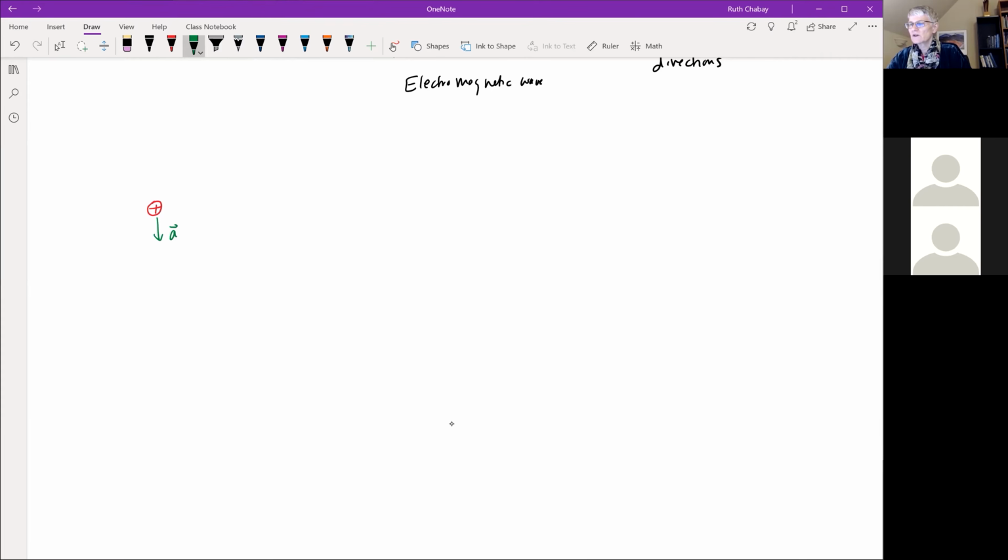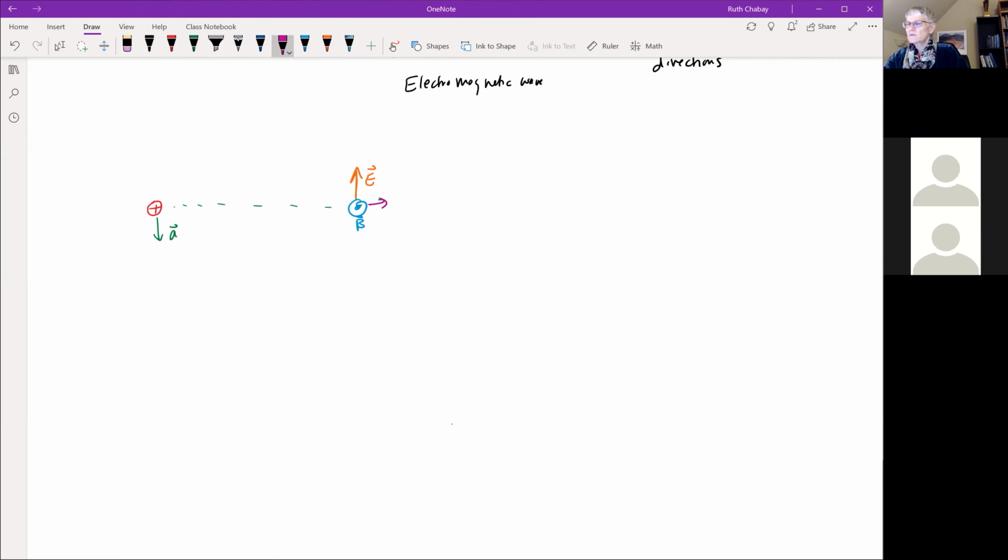And we saw that along a direction like this, we had a pulse which had an electric field up and a magnetic field out of the page, and the pulse was traveling that way.